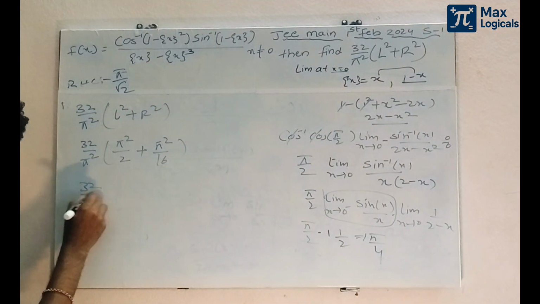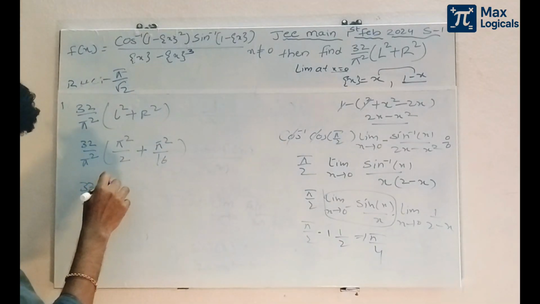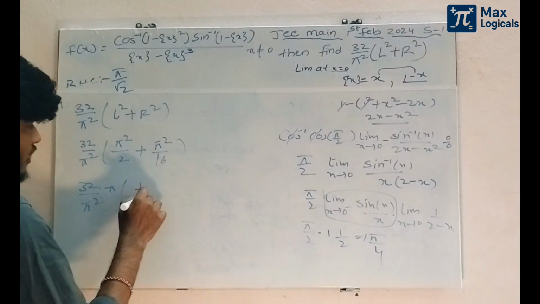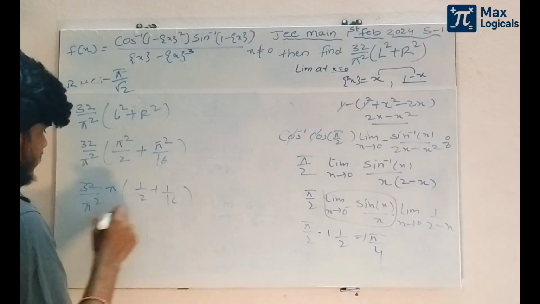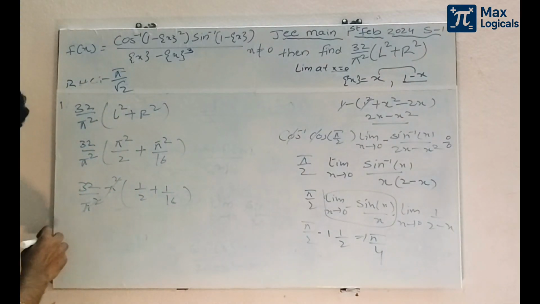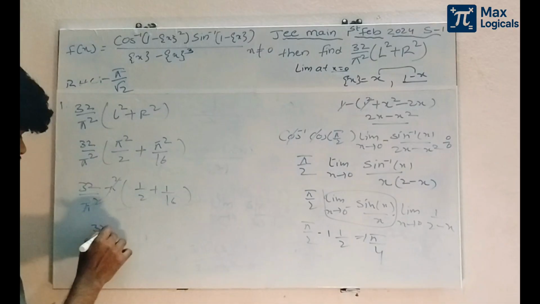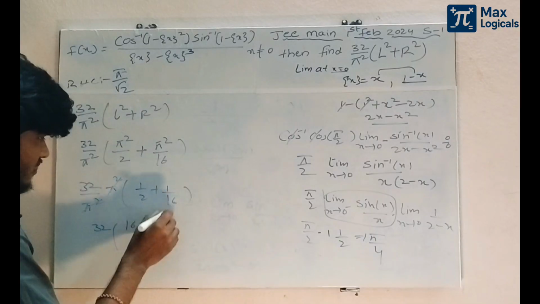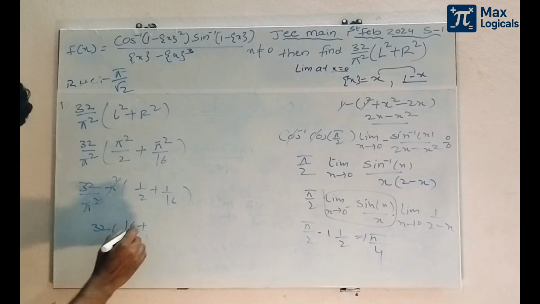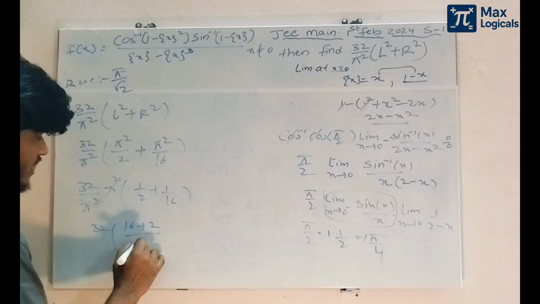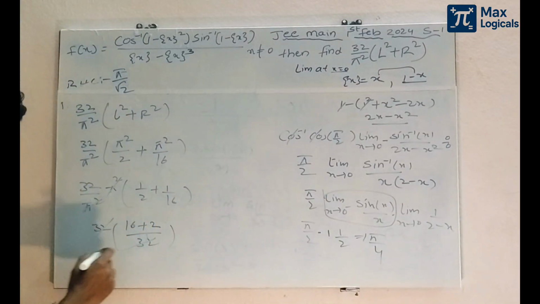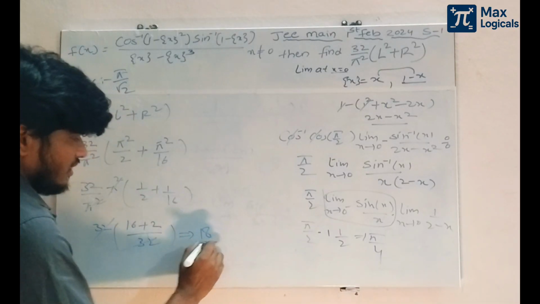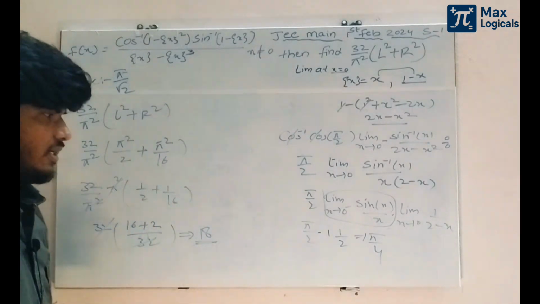In the numerator we take pi square common, 1 by 2 plus 1 by 16. Pi square is cancelled. Then 32 by 16, that is 8 plus 1 by 2... in total 16 plus 2 by 32, 32 cancels, and 16 plus 2 is 18. The final answer is 18.